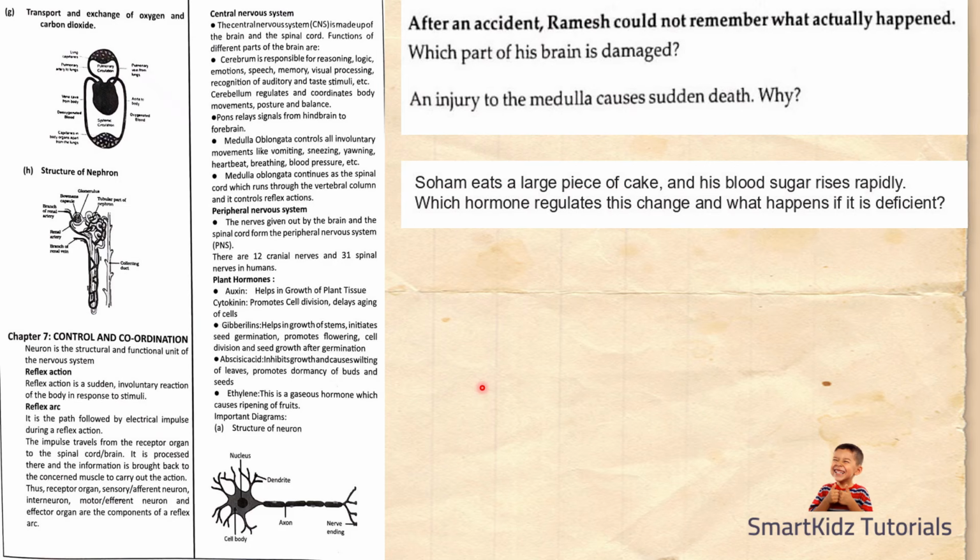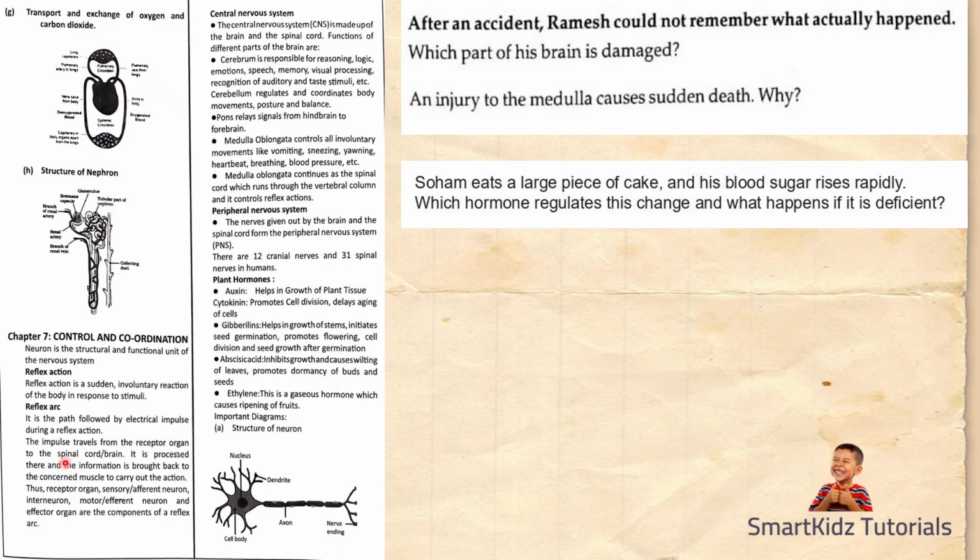So we are looking into the nervous system, and before we come to the nervous system is the reflex arc that is mentioned over here. What is it? It's the path followed by an electrical impulse during a reflex action.